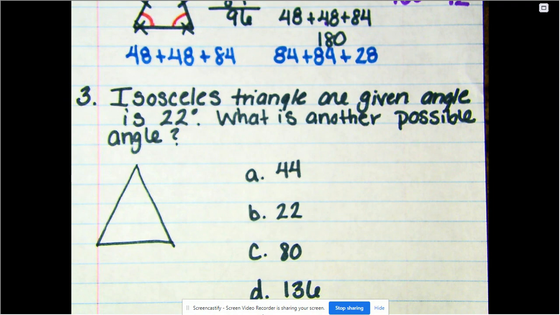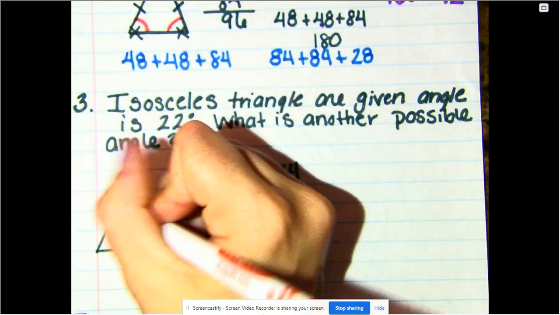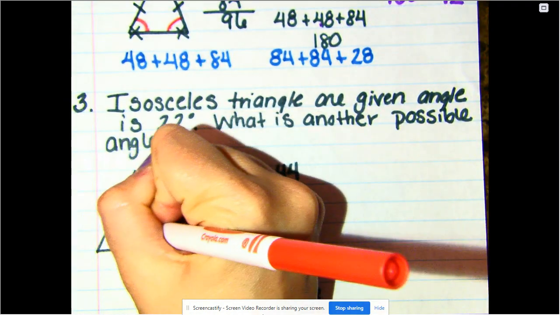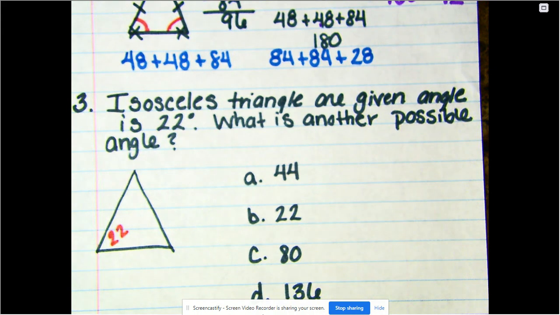And one angle measurement in this triangle happens to be 22, and I need to figure out what's another possible one. So let's figure out, what do I know about isosceles triangles? Isosceles triangles have two of the same angles, and another one that is missing, and they add up to 180. So I have a couple of options.